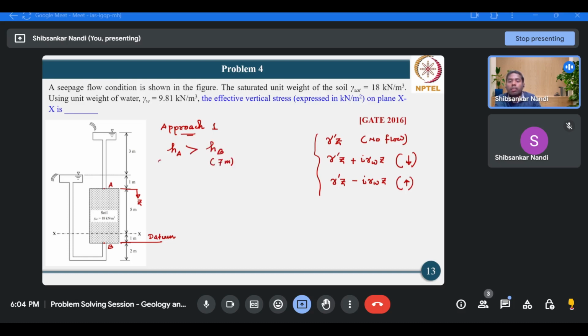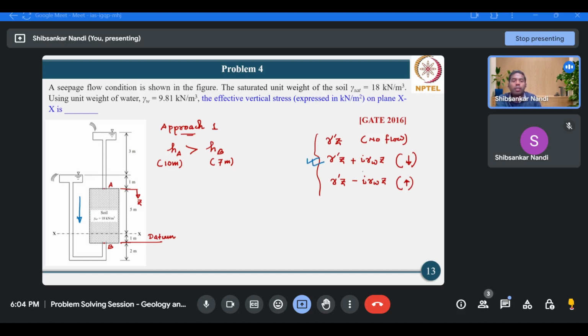Therefore, the flow is taking place in the downward direction, so seepage flow is downward. This is the appropriate case for this problem.